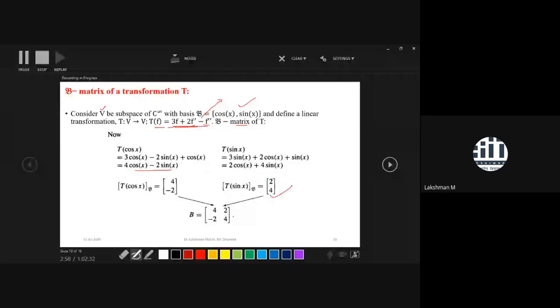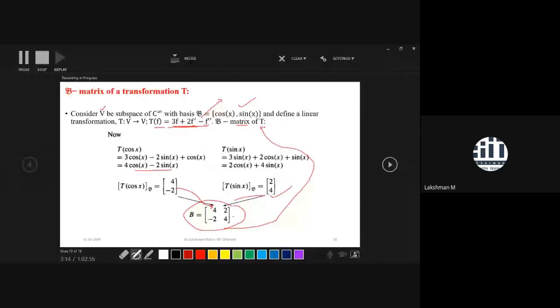Now consider this one as the first column of the matrix, and this as the second column, and you will get a matrix. This matrix we call the beta matrix of this linear transformation. So this is the general approach to find the matrix of a given linear transformation with respect to a basis.